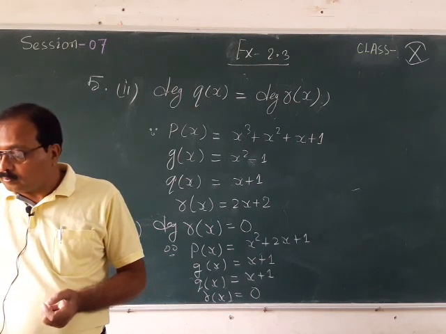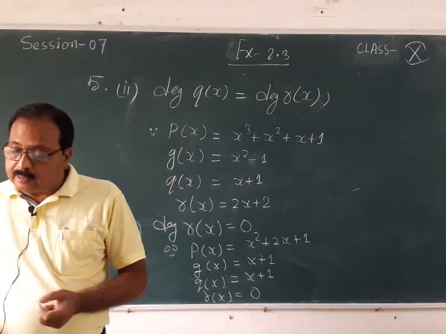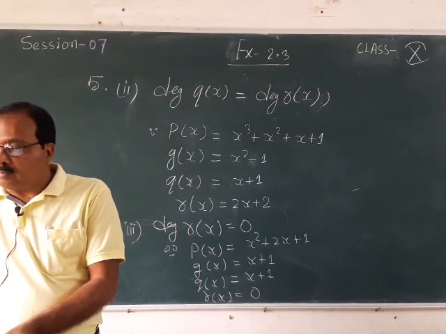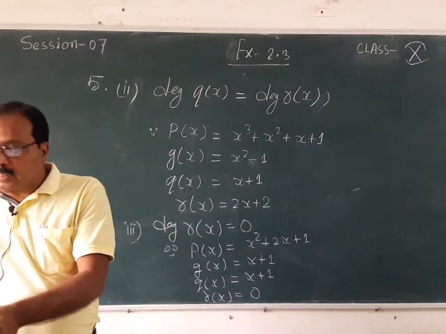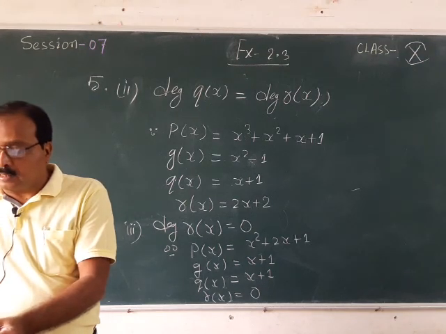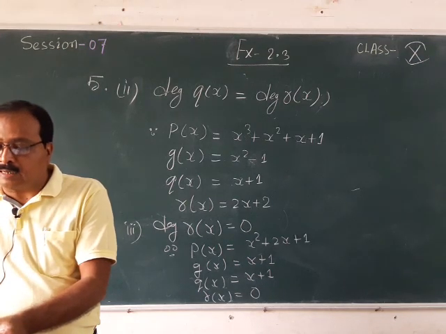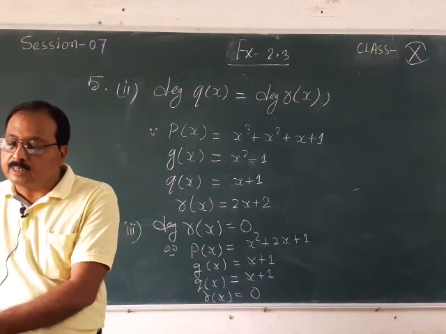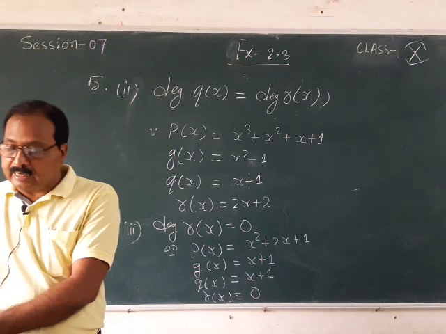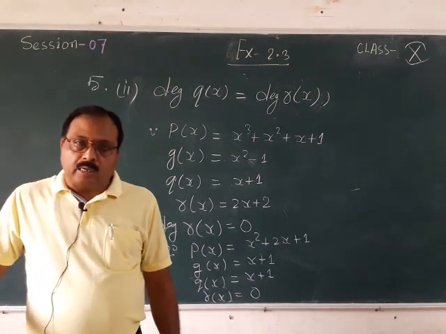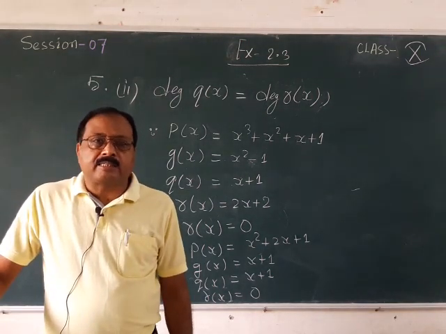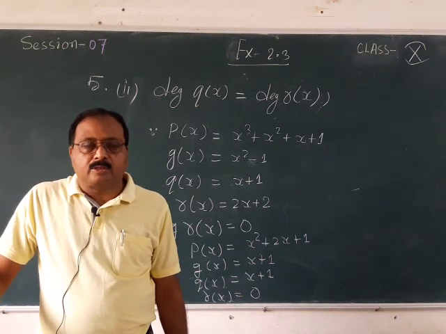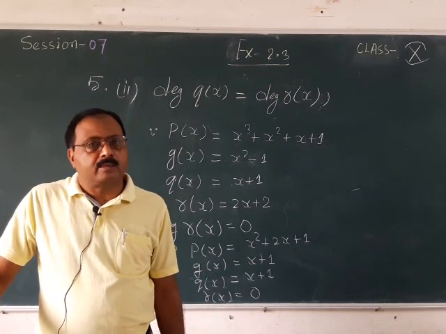So today your chapter number 2 is finished. Now I am going to do the exercise of chapter number 3. Next day I am going to start the pair of linear equations in 2 variables, and you have to revise the contents of this chapter so that you can understand what I will discuss.